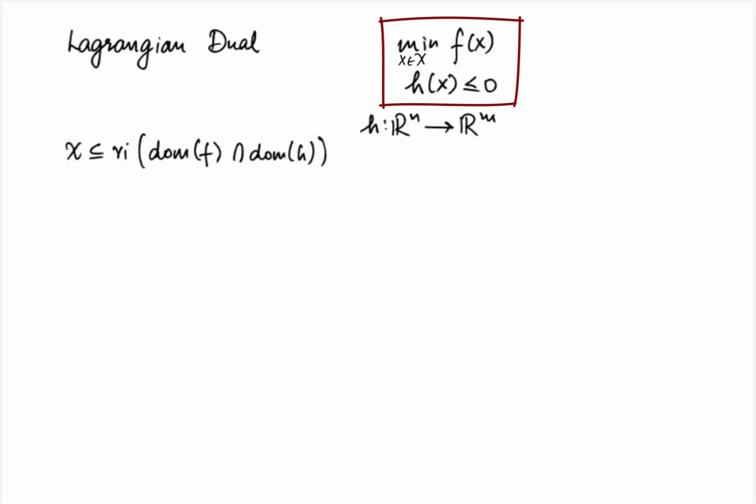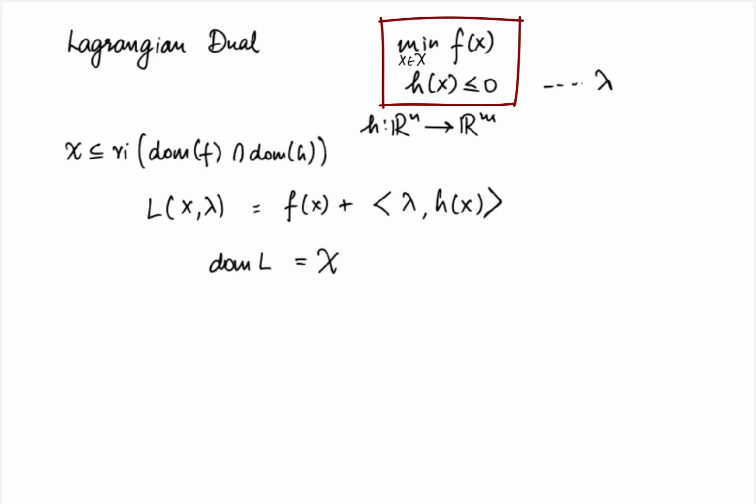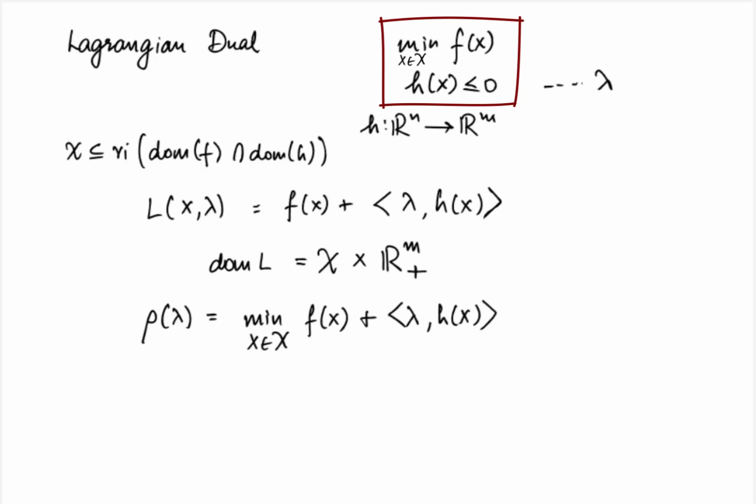Let us associate the dual variable lambda in R^m with these m constraints, so that the Lagrangian becomes L of x comma lambda equal to f of x plus inner product lambda comma h of x with domain of L given by calligraphic X cross R^m plus. So the dual function is given by rho of lambda equal to min over x in calligraphic X f of x plus inner product lambda comma h of x.